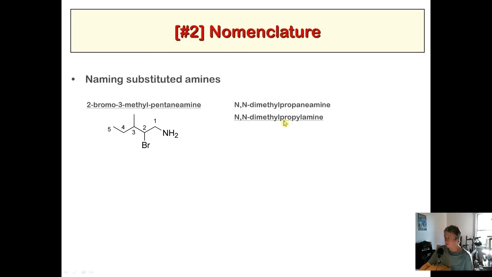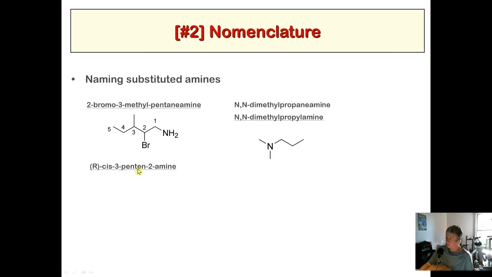I always look at the right side of the name first. Propylamine: 3 carbons and a nitrogen. N,N-dimethyl would mean that we have 2 methyls on the amine. Okay, and so there we go. N,N-dimethylpropylamine.